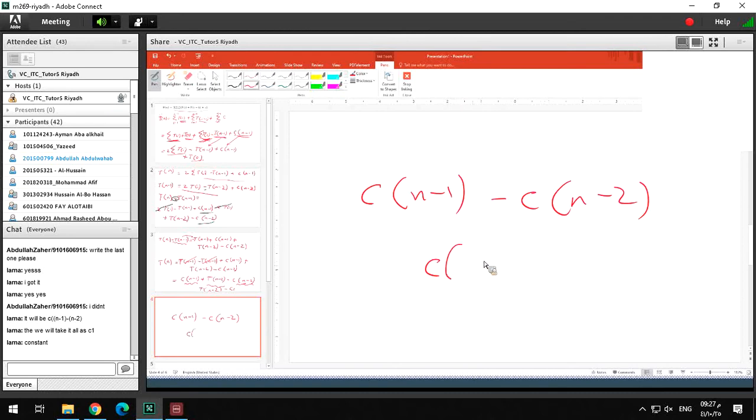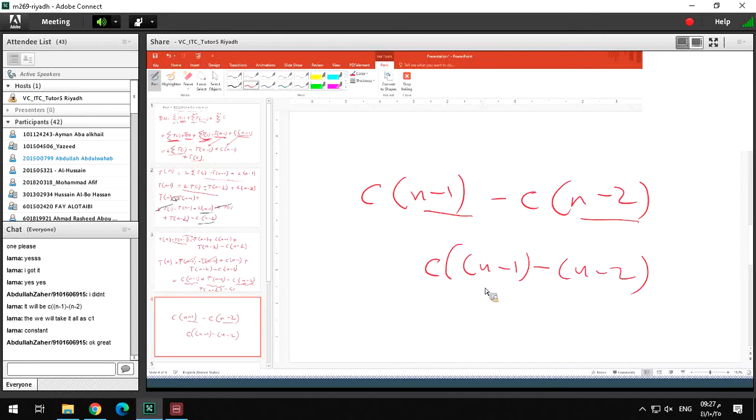Exactly. So this C is common between n minus 1 and n minus 2, so it will be n minus 1 with n minus 2 for both C's. But you stopped at this point only.